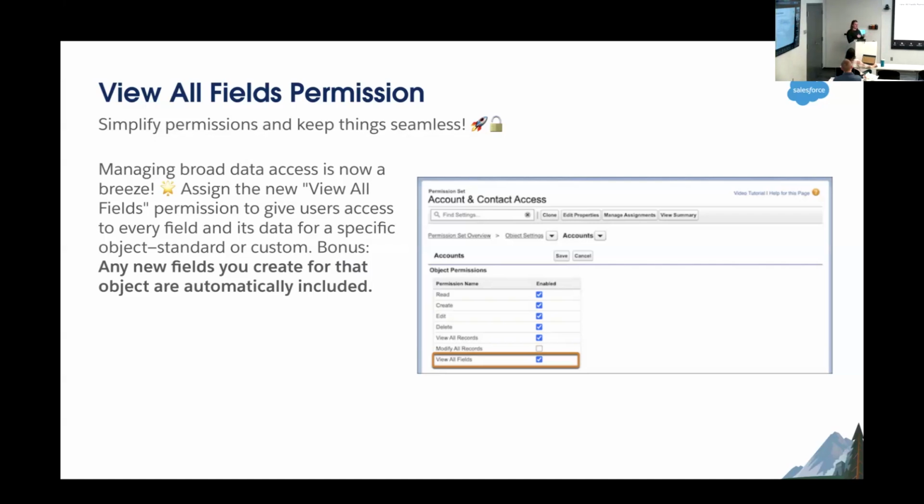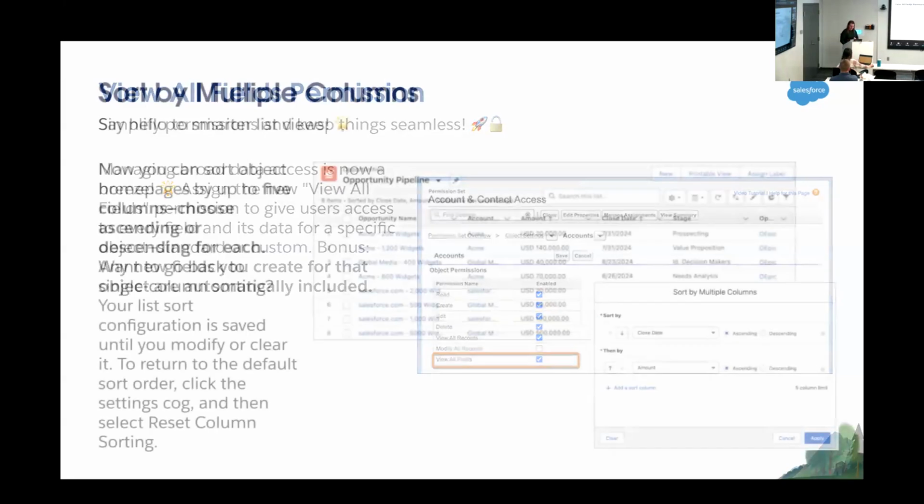In some more organizations that have a mature DevOps strategy, you don't necessarily push permissions up through your pipelines when you're making metadata changes, or this would allow those fields to flow all the way through so you don't have to, on the day of deployment, go in and provision all the new fields that may have come up. So view all fields is now available.